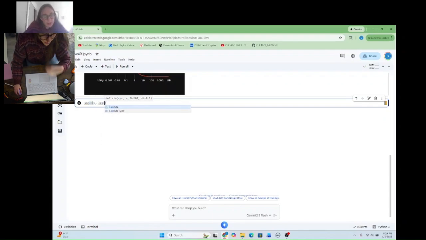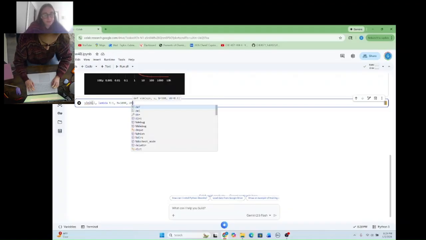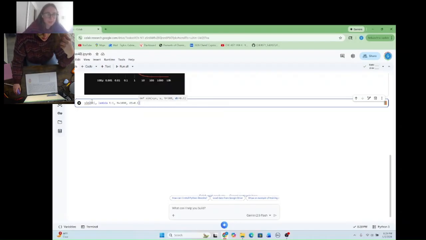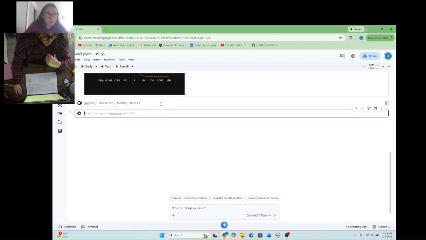We're going to use lambda, and we're going to do this as a time step of 1. So it's doing a 1 time step. Then we have our n, which is how many times we want to split this up. Let's say 1,000. And then how much do we want to move for every time step, which is going to be 0.1. Let's just look at it right now.